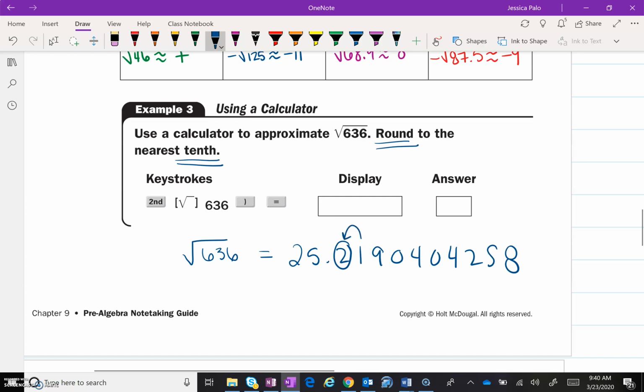The 1 tells the 2 to stay the same. So the approximate value of the positive square root of 636 would be approximately 25.2. And you can just use the calculator for that. Again, use your own calculator or the Google Scientific Calculator.